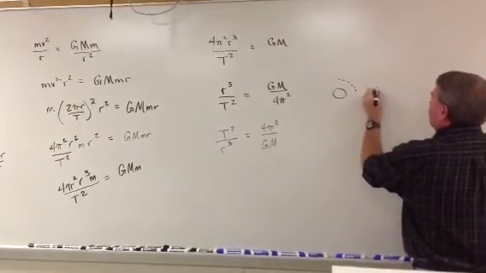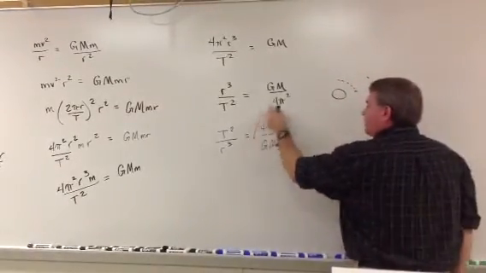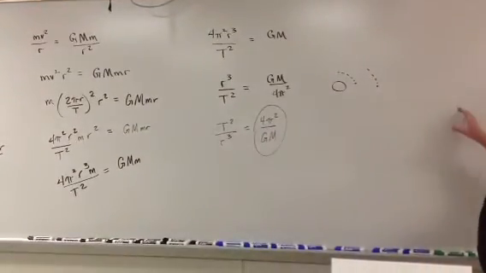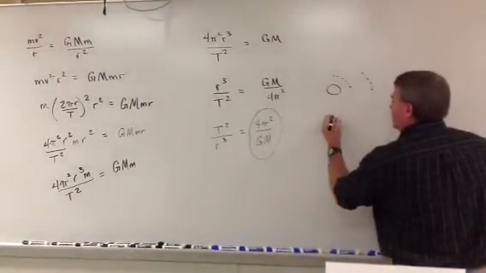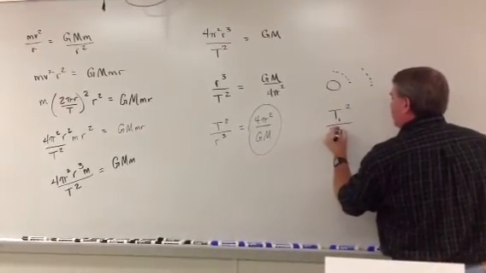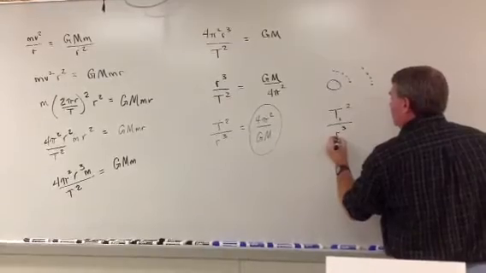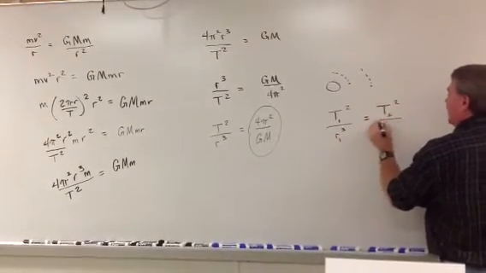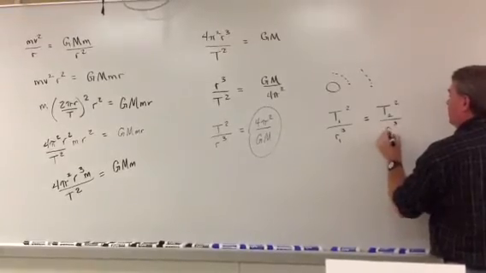This planet is also orbiting around the sun. Well, this part of the equation is going to be the same no matter what planet you're dealing with. So we can say that the period squared of the first planet divided by the orbital radius cubed of the first planet is equal to the period squared of the second planet divided by the radius cubed of the second planet.